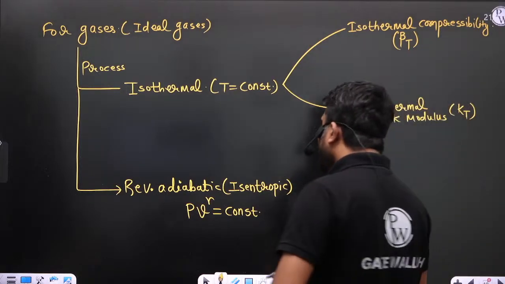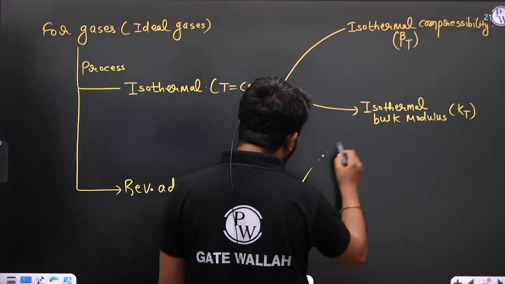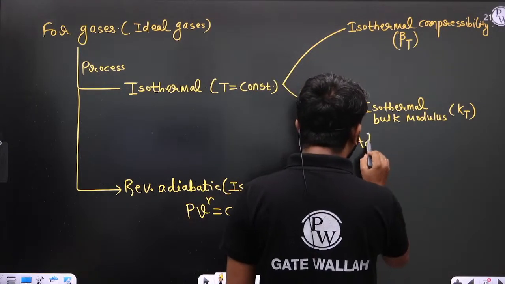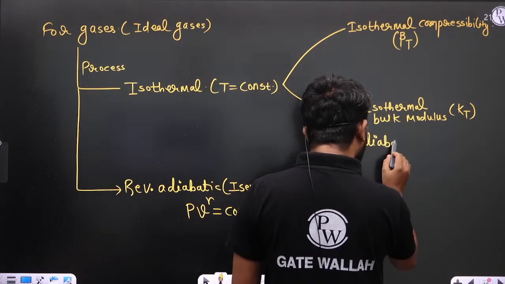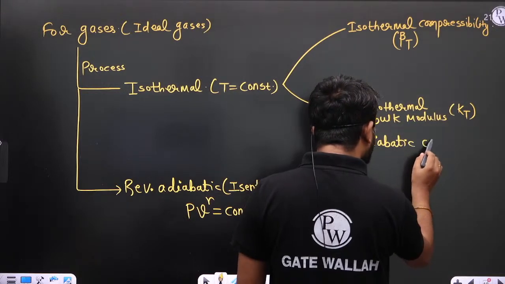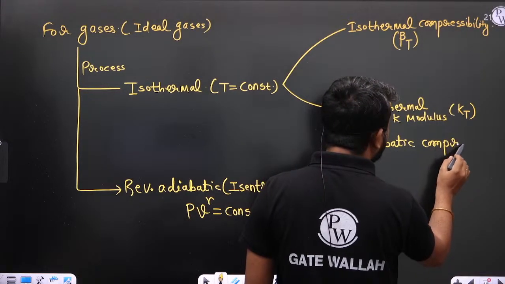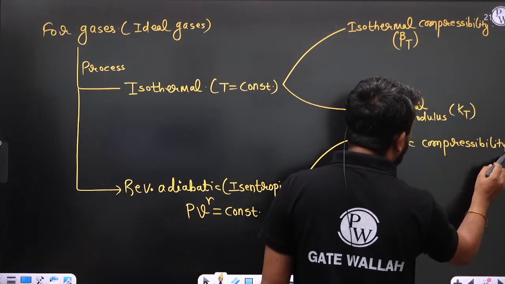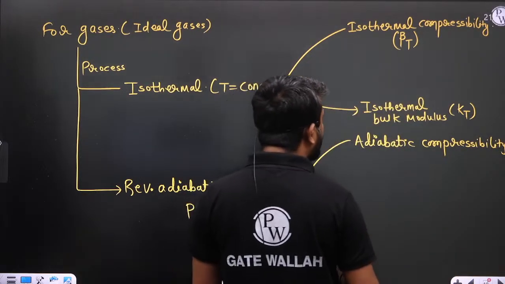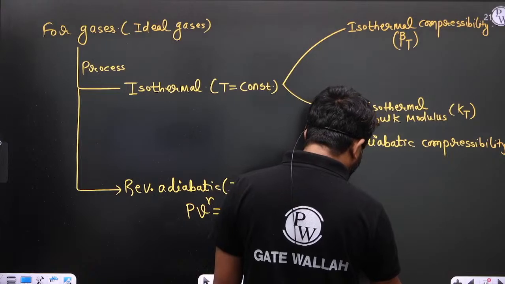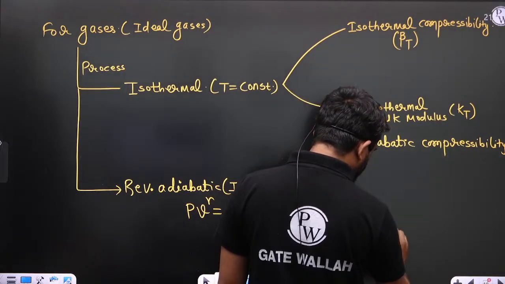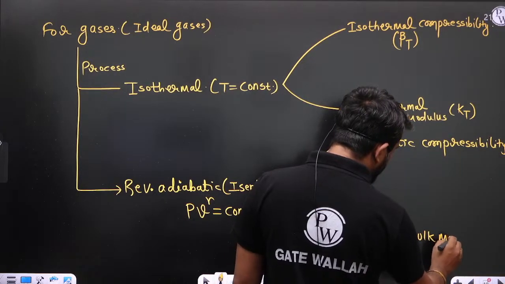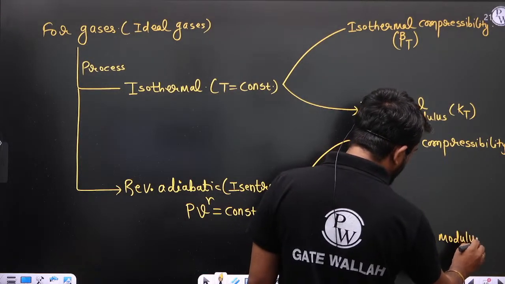Fine. So in case of the reversible adiabatic or isentropic process, there is an adiabatic compressibility, and if I'm talking about the bulk modulus, there is an adiabatic bulk modulus.